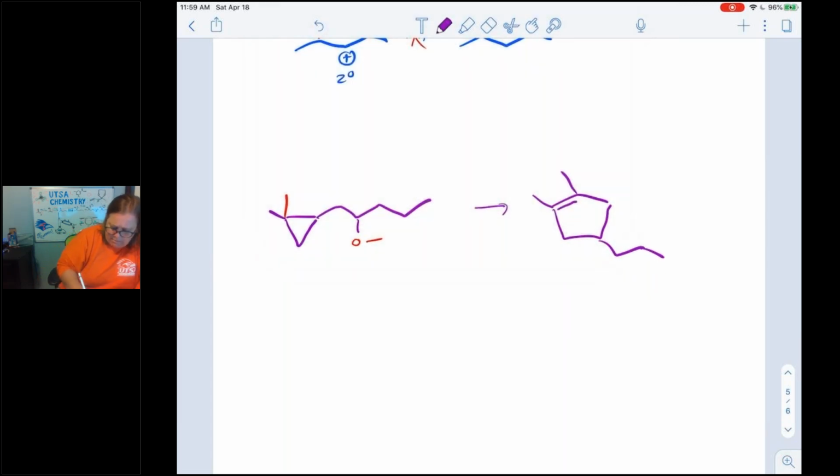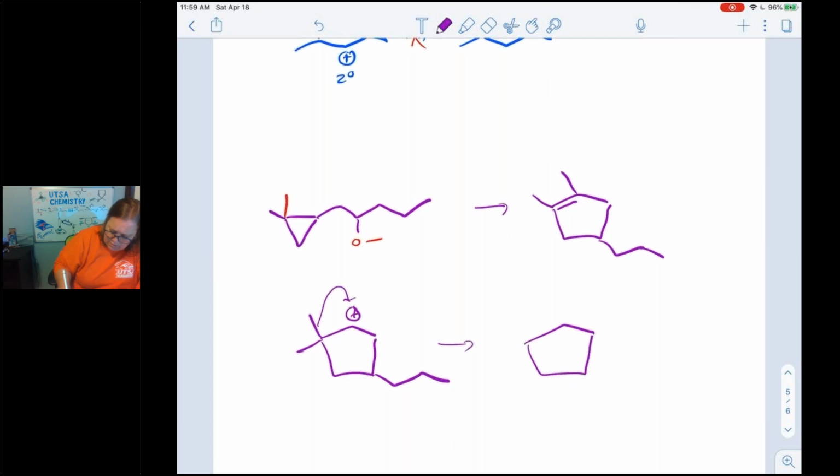I'm not going to go through the entire mechanism, but then I would have had to do a 1,2 methyl shift. Okay, and that would have given me this here. Now my carbocation would be here, and then of course I'd have to do beta elimination to give me that. So it depends on what I give you, honestly.